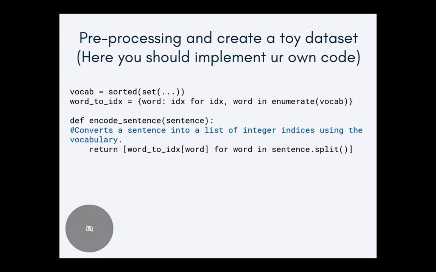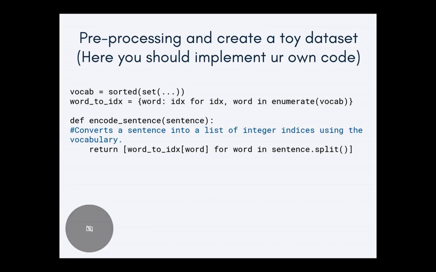Okay, so then moving over, pre-process and create a toy data set. As I mentioned, I'm using a very simple model and I have provided a very simple toy data set. So I've created a word to vec, or word to numbers as you would say, kind of function over here. And then we are encoding this.